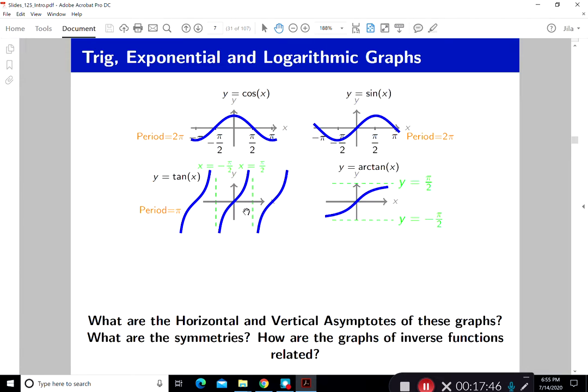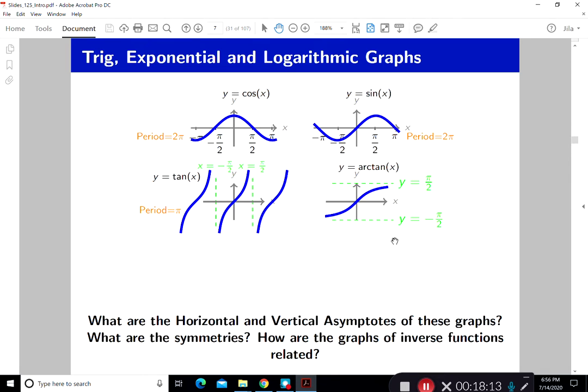Now, the inverse of tangent of x is arctangent of x. Arctangent of x is one of those inverses that has a restricted domain. It's just the inverse of the main branch of tangent of x, and the other branches are not included because tangent of x is not one-to-one. We have to choose a main branch.